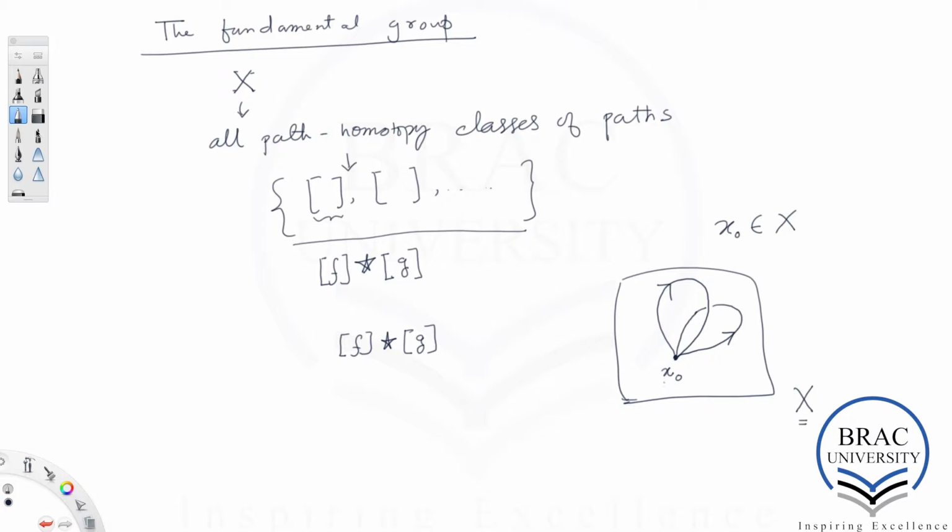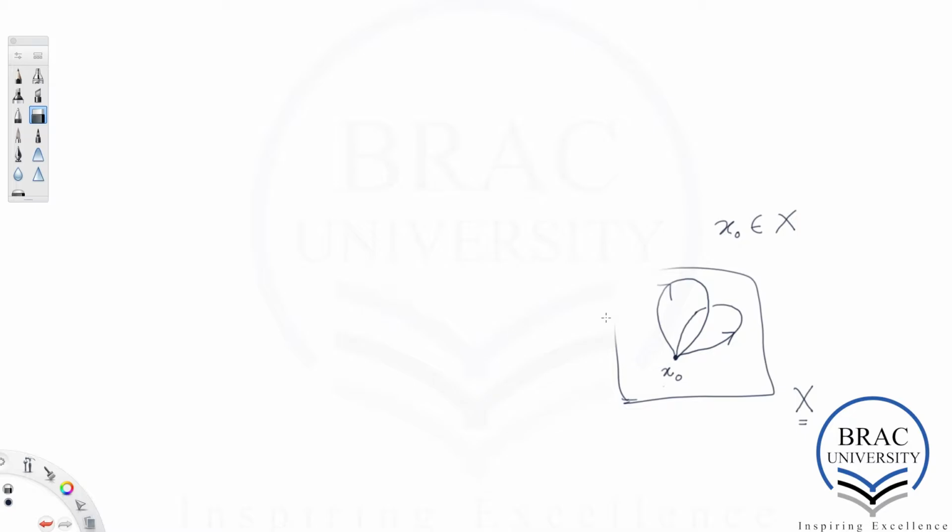Now let me give you the formal definition of the fundamental group of a topological space relative to a base point. Definition: let X be a space and pick out this point x0 in this topological space X. Now let me define a loop first.